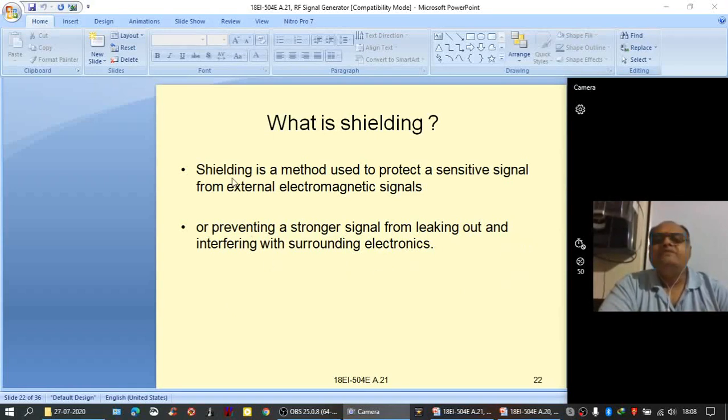So, shielding is a method used to protect a sensitive signal from external electromagnetic signals, or preventing a strong signal, that is the RF signal, from leaking out and interfering with the surrounding electronic components.